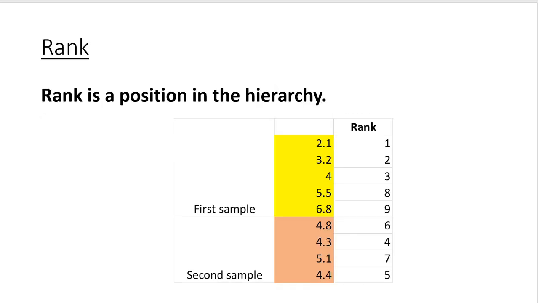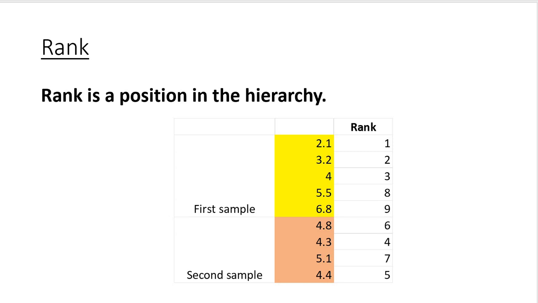And before we proceed to computing test statistic, let us first figure out what rank stands for. In general, rank is a position in the hierarchy. And as I told you at the beginning of this lecture, for Wilcoxon rank sum test, you have to assign ranks to each observation as for a part of the big sample consisting of two samples combined.